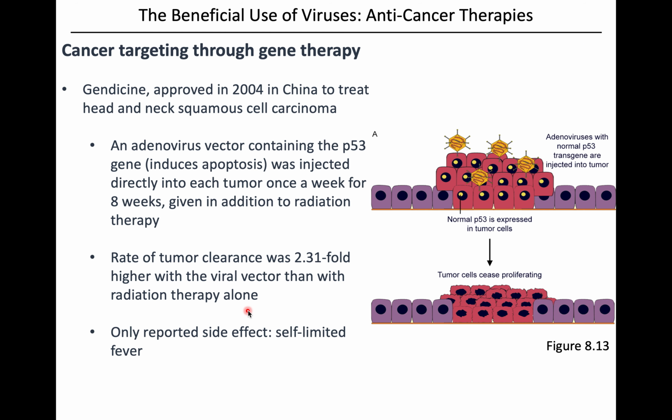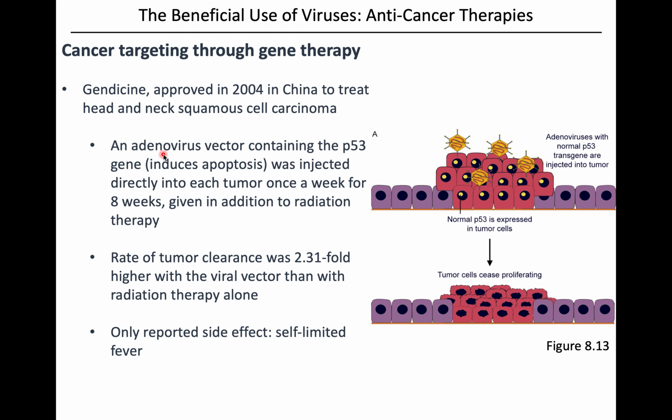There've been some mixed results, but as I said, there have been some really amazing apparent cures using some of these oncolytic viruses. Just to give you one example, Gendicine is this oncolytic viral therapy that was first approved in the early 2000s in China, primarily for head and neck squamous cell carcinomas.